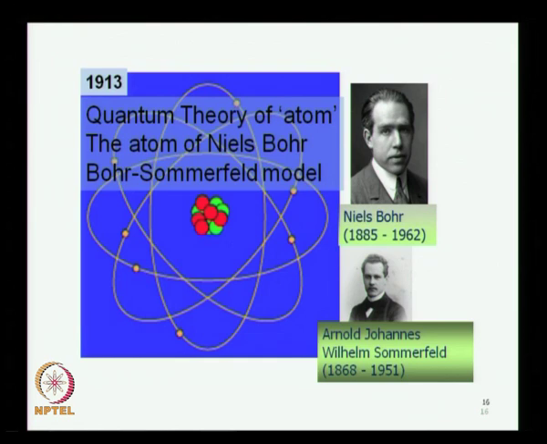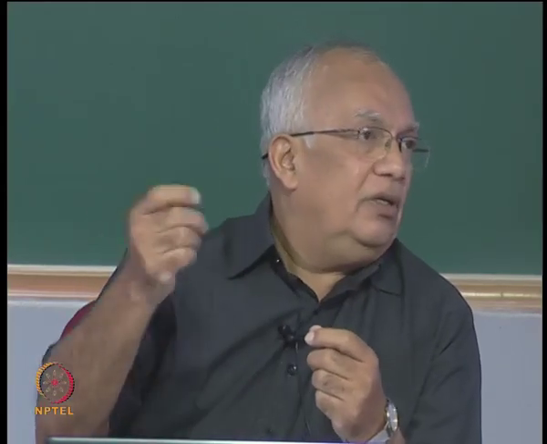This model is based on the idea that you have got a central nucleus and electrons revolve around this nucleus in orbits, but the electrons do not radiate during this acceleration, and with a set of postulates that we call Bohr's postulates, quantization of angular momentum and everything, you are able to get the 1 over n square formula, right. So, all of you have studied that.